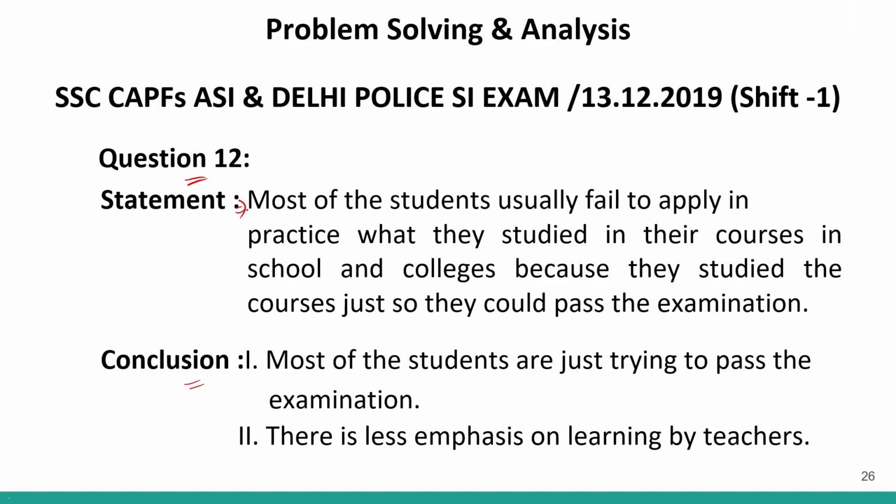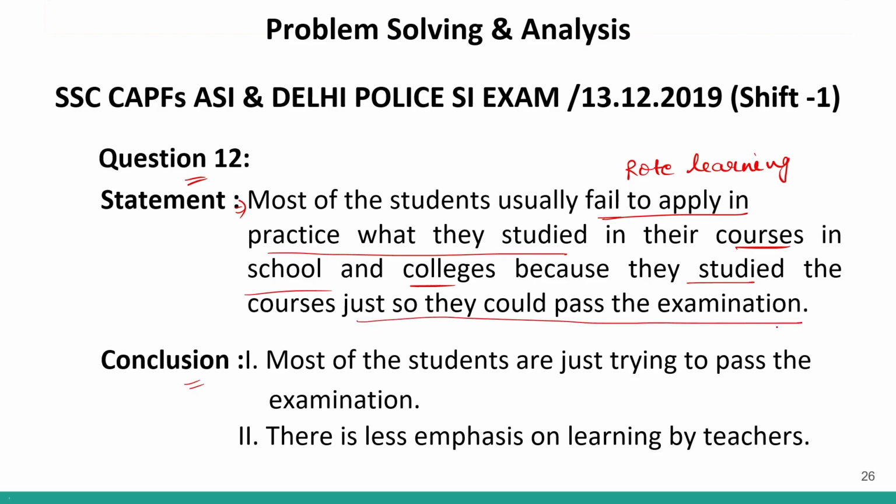The statement says that most students in fact fail to apply in practice what they study. What do you mean by this? That they do rote learning because they are not practically following the application of what they have studied in their courses in school and college. Why? Because they study only so that they could pass the exam. This is given in the statement.